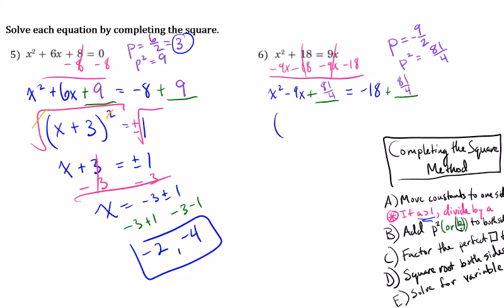Then I'm going to put an x here, minus. Remember this minus and this minus, don't use both of them, just use one or the other. It's going to be a negative, so I'm going to put 9 over 2 in there, equals negative 18 plus 81 over 4.